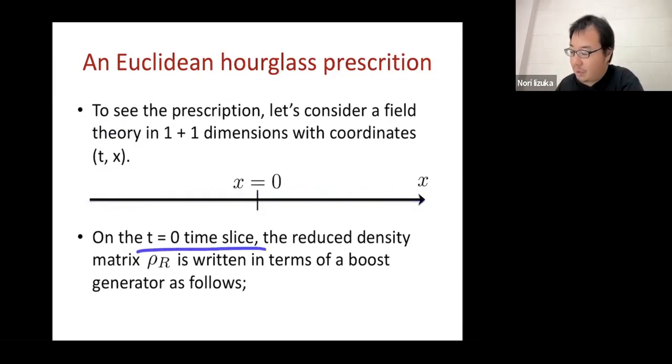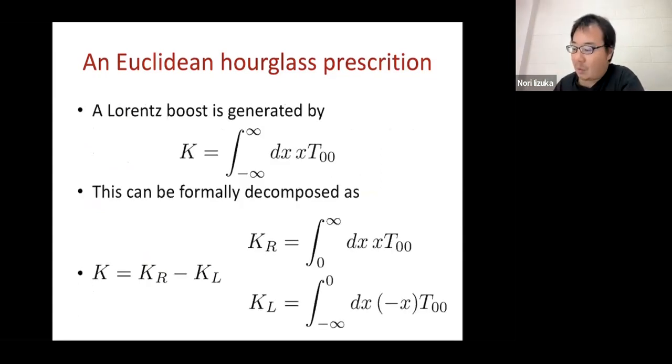Now, on the t equals 0 slice, the reduced density matrix rho_R is written in terms of the boost generator as follows. The Lorentz boost is generated by T_00 multiplied by the coordinate x, and that's the boost generator. Now formally, from now on, I just give a very formal argument to give you the motivation.